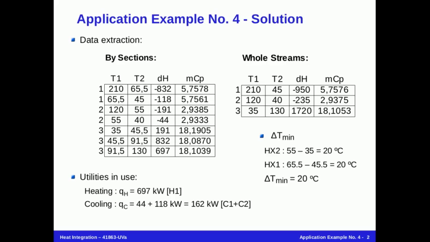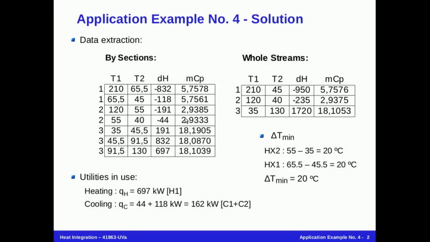Here you can see the streams by chunks, by sections. Stream number 1, the hot one, in 2 chunks, stream number 2 in 2 chunks, and stream number 3 in 3 sections. Then you can check that the MCP of both chunks in stream 1 is similar.